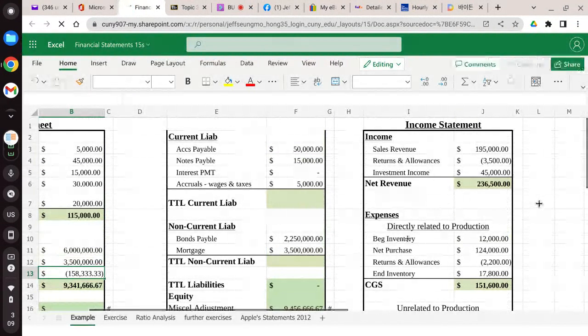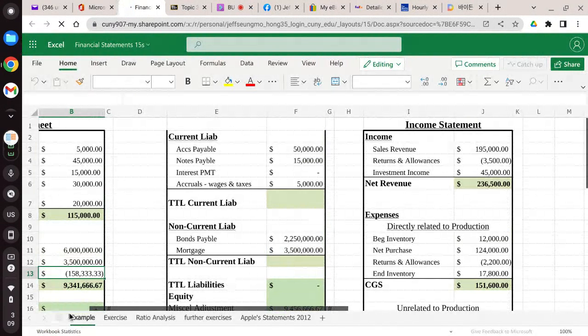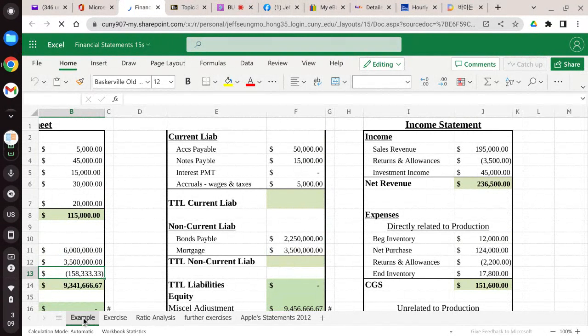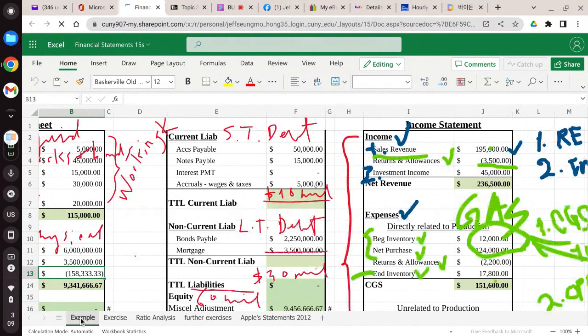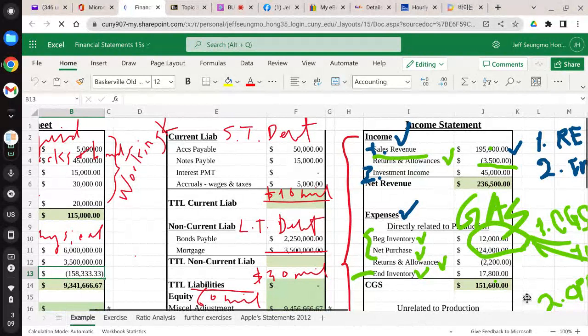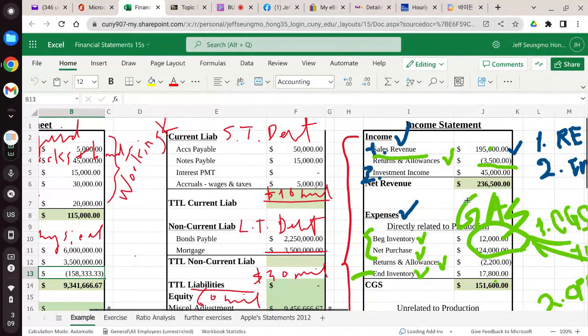Okay, if you open this file, look at the bottom tab, the first bottom tab. If it opens right here, then it will be wonderful. If it doesn't, you can just click on the first bottom tab, okay? These numbers shouldn't be filled in there.